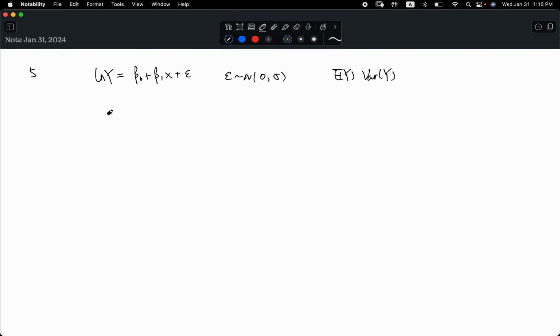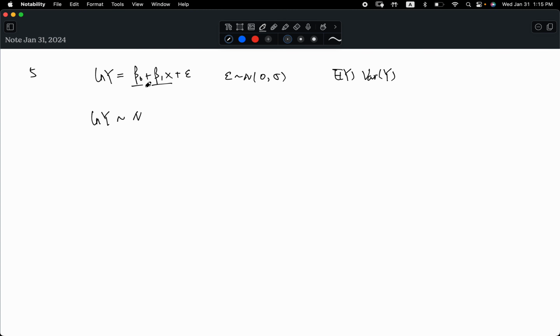First of all, we need to comment on the distribution for this new random variable that we define as log y. All these are non-random, and the only random variable is the epsilon.